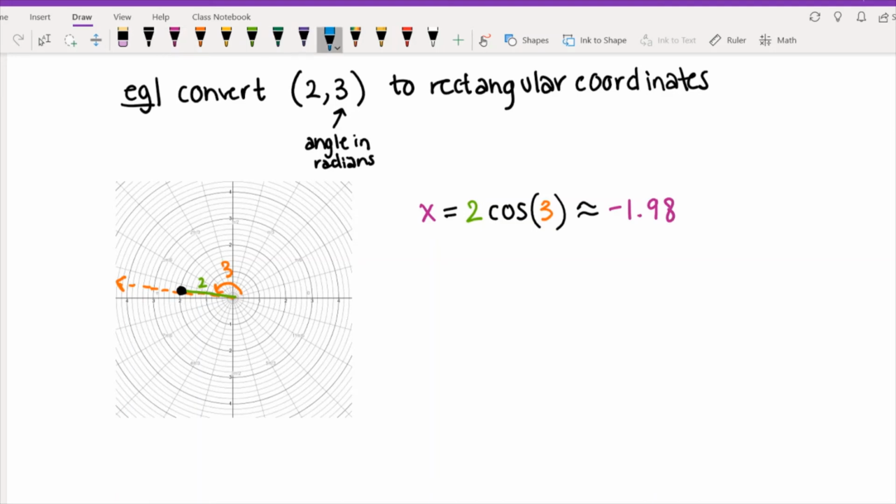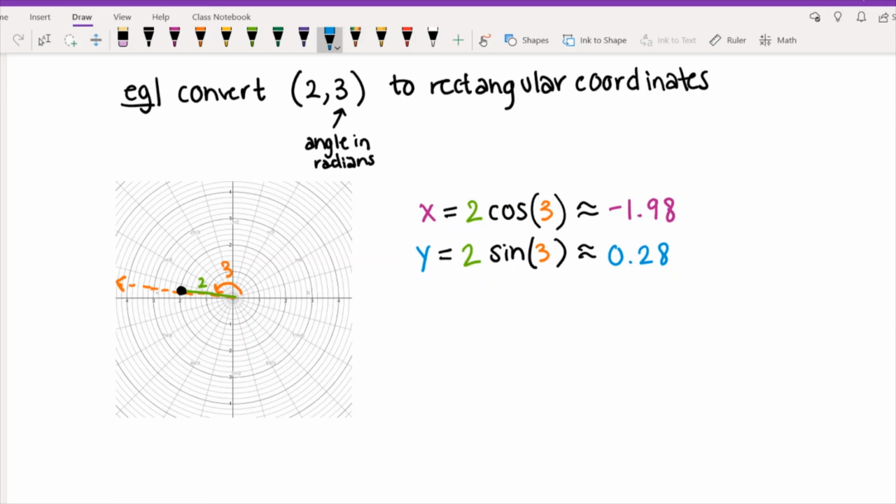Then to find the y coordinate, you do 2 times sine of 3 radians, and that comes out to be approximately 0.28. That fits with our picture, right? It makes sense that it's really close to 2, because if that point was actually on the x-axis, the coordinates would be (-2, 0). And so we have negative 1.98, really close to negative 2, and 0.28, really close to 0.